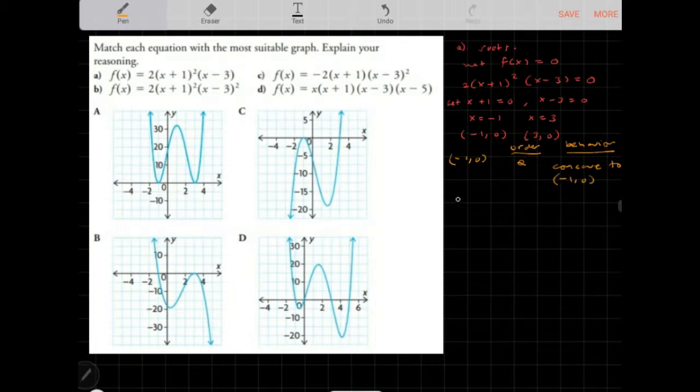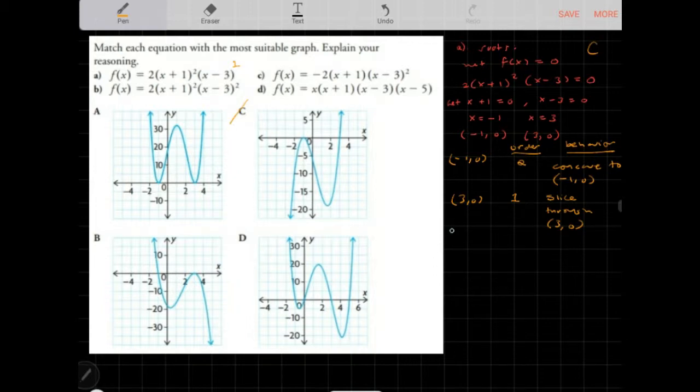Okay? And the order at 3, 0 here should be 1, because you can see a 1 there, right? And that means that it will slice, or it'll pass through. So it'll slice through 3, 0. Yeah? So something that's concave to negative 1, 0 and that slices through 3, 0, the only scenario that would work out would be part C. Okay, so we already looked at part C.